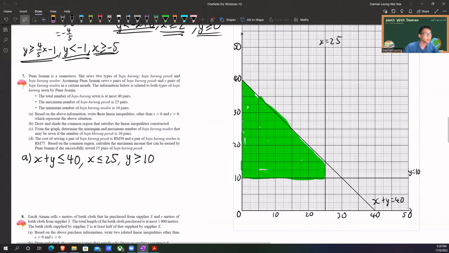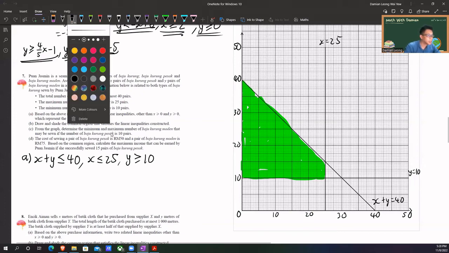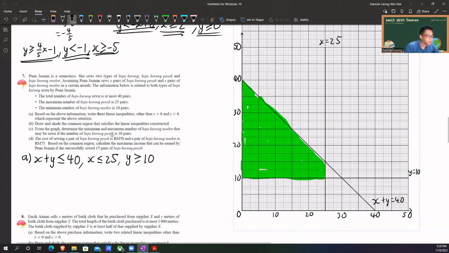Then from the graph, determine the minimum and maximum number of baju kurung modern that may be sewn if the number of baju kurung pesak is 10 pairs. Means for the C, baju kurung pesak is basically the x, so x equals 10. When x is 10, what can y be?